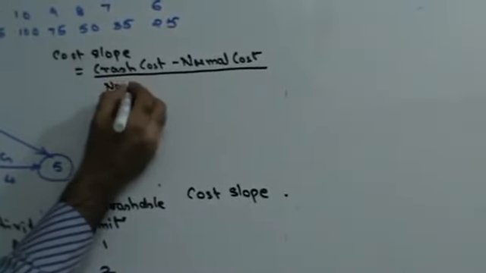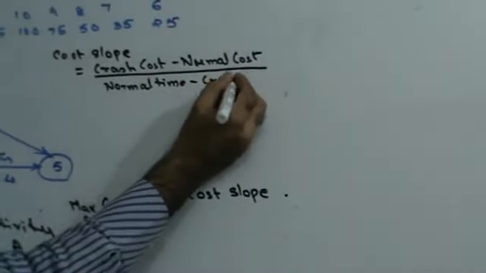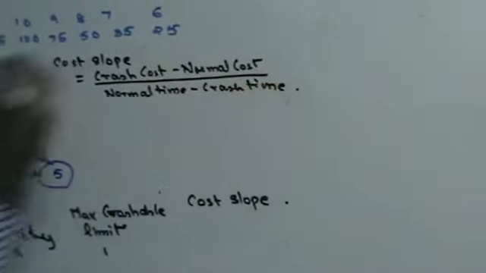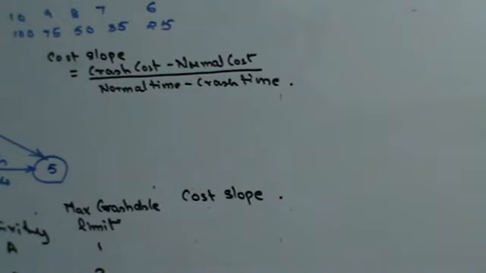So, cost slope for activity A will be 90 minus 60, 30, 30 divided by 1. So, 30 rupees per day.